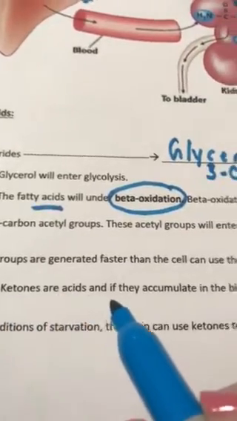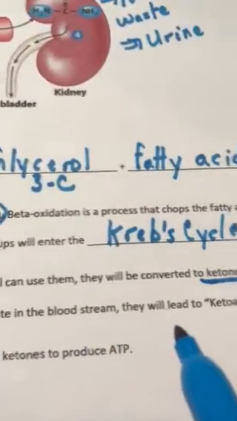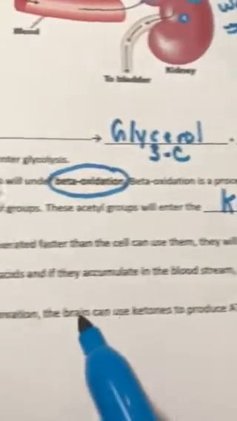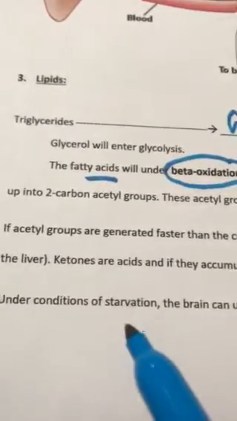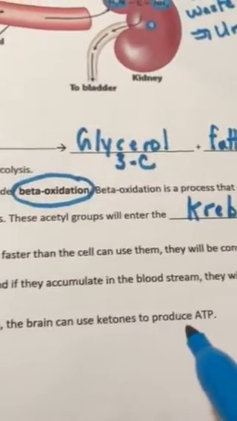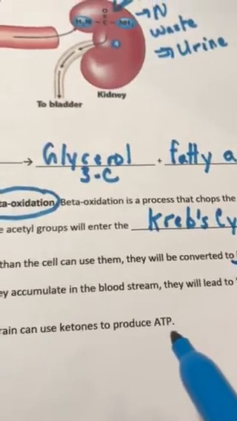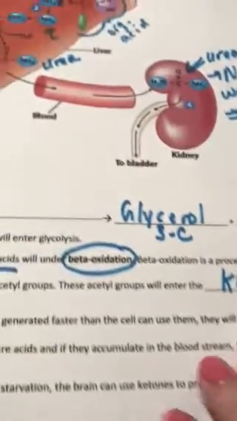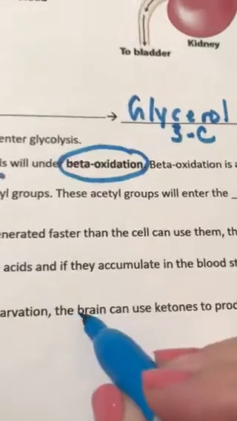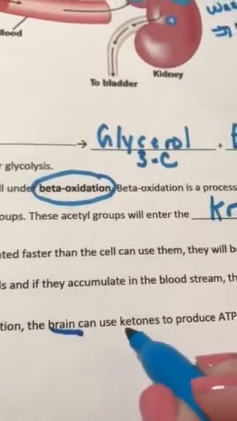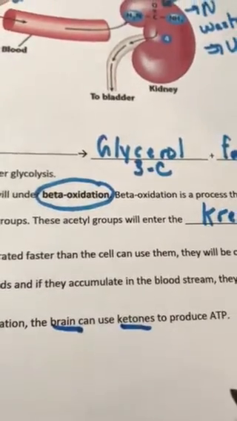Ketones are acids, and if they accumulate in the bloodstream, they will lead to ketoacidosis. Under conditions of starvation, the brain can use ketones to produce ATP. Okay, so we've talked about that idea that the brain either uses glucose or, under conditions of starvation, ketones.